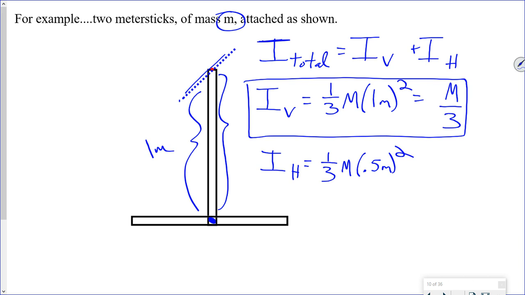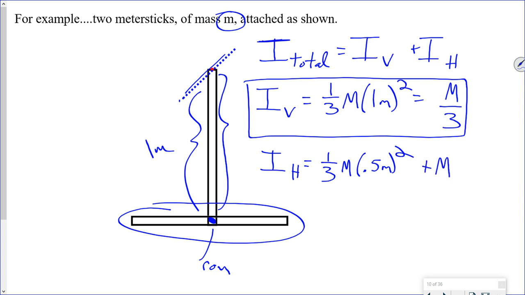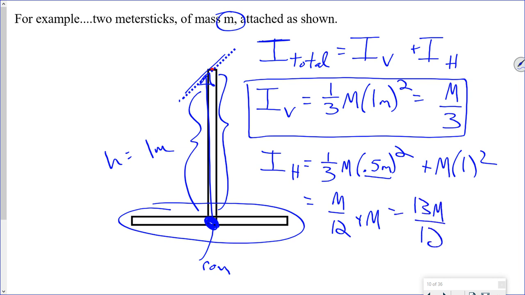That's the rotational inertia of this stick about the center of mass. But now I've got to do plus mh squared. How far is my center of mass for that bottom stick from my pivot point? Well, that's 1 meter, so times 1 squared. This is a fourth times a third, so this is m over 12 plus m, that's 13m over 12. So that's the rotational inertia of the horizontal stick.